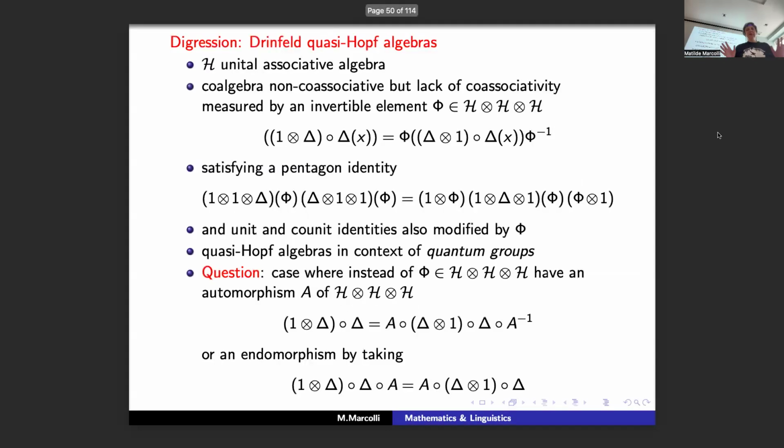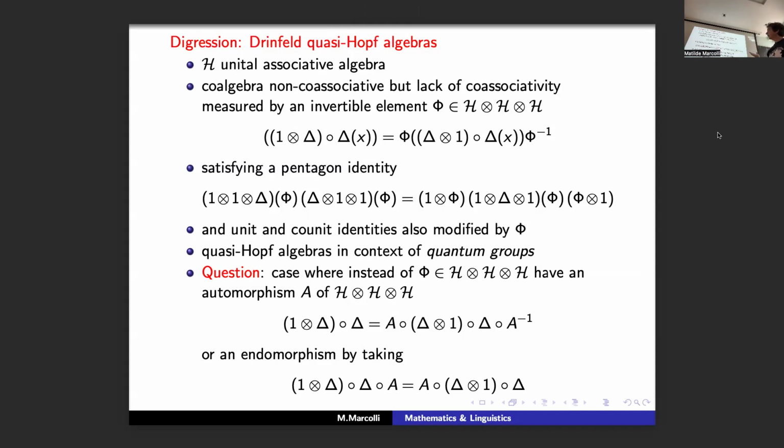So here's just a little digression. What kind of algebraic structure is this, if you keep into consideration this kind of mismatch of counting in the co-associativity relation? Well, it's reminiscent of something known in the theory of Hopf algebras, but it's not the same thing. There is something called the quasi-Hopf algebra.